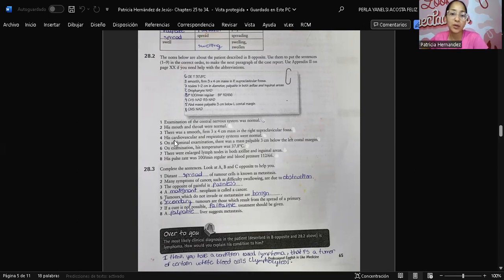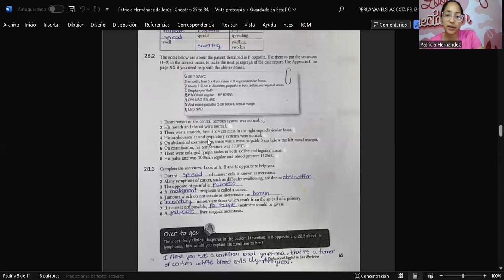NAD. There was a smooth, firm, 3 to 4 centimeter mass in the right supraclavicular fossa. That's a smooth, firm, 3 or 4 centimeter mass in the supraclavicular fossa.